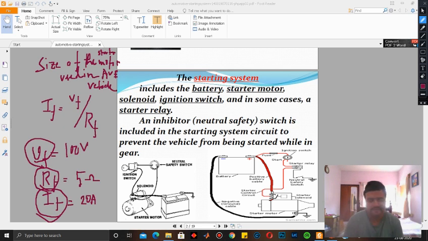So there are several factors which decide the capacity, or rather the design, of this starter motor.